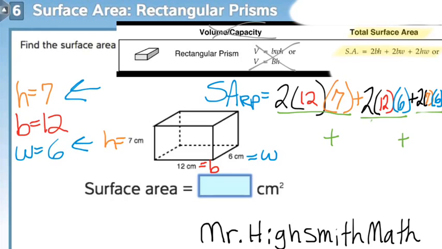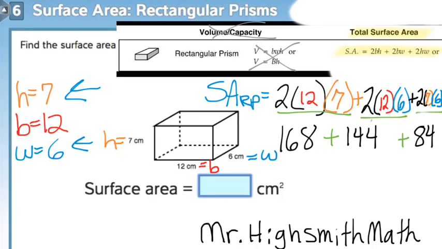It wouldn't work. So 2 times 7 times 12 is going to be, and I wrote it down, 168, and then 144 is 2 times 12 times 6, and 2 times 7 times 6 is 84.